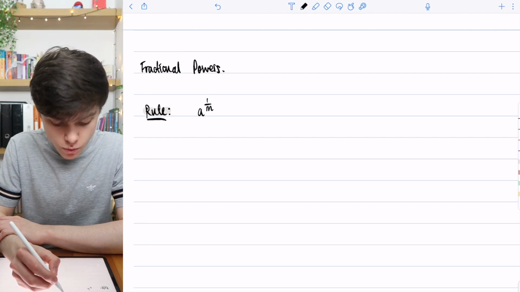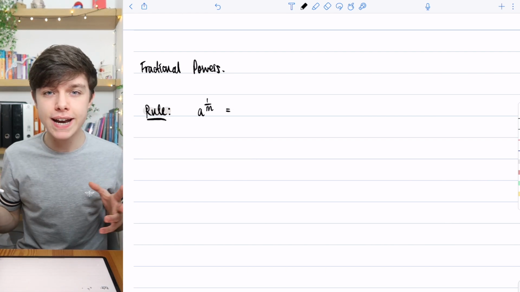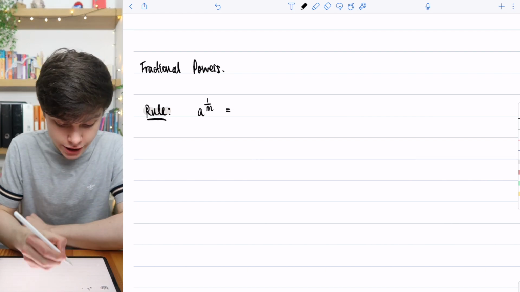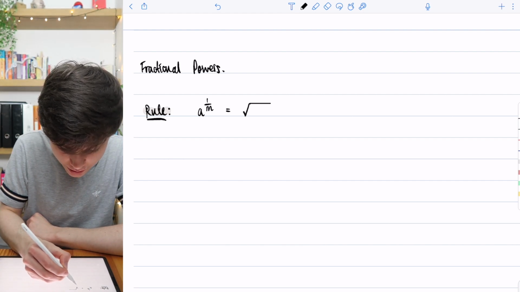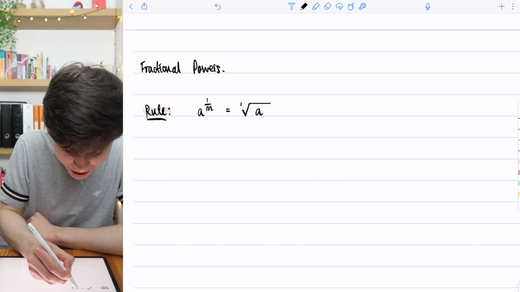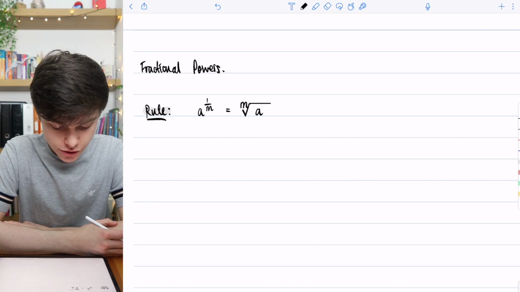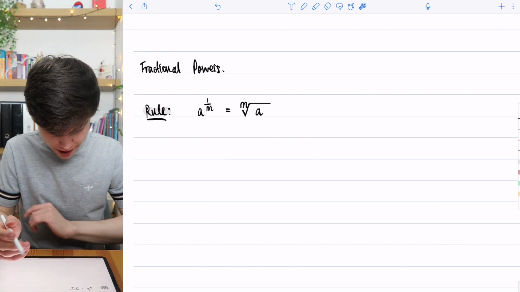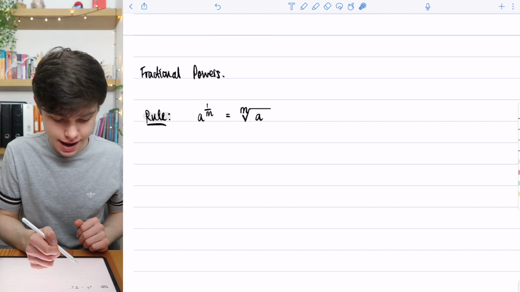What I can do with that is simplify it and get rid of any powers. To do that, I take, and I'm just going to write this as a straight line, the mth root of a. So the bottom number here is the root that I take.